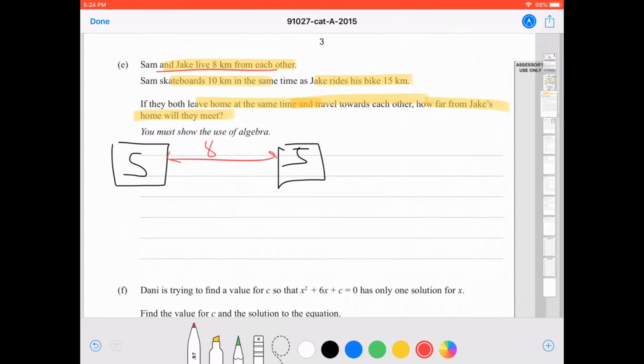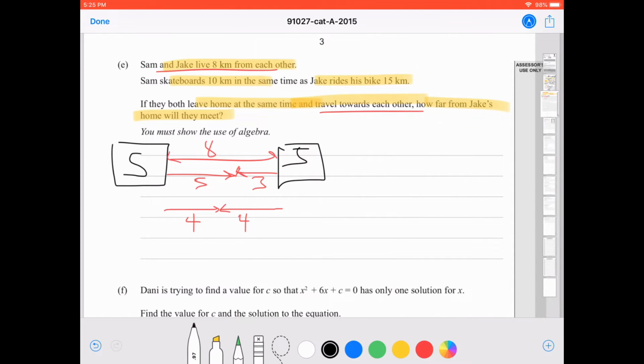Jake, for example, because we know they both leave home at the same time and travel towards each other, Jake might travel this distance, let's say it is 3 kilometres. And so that would mean Sam has travelled 5 kilometres. Similarly, Jake might have travelled 4 kilometres, and so Sam would also have travelled 4 kilometres.